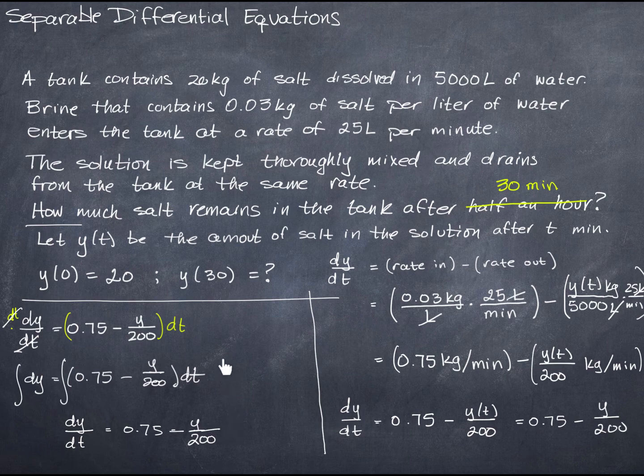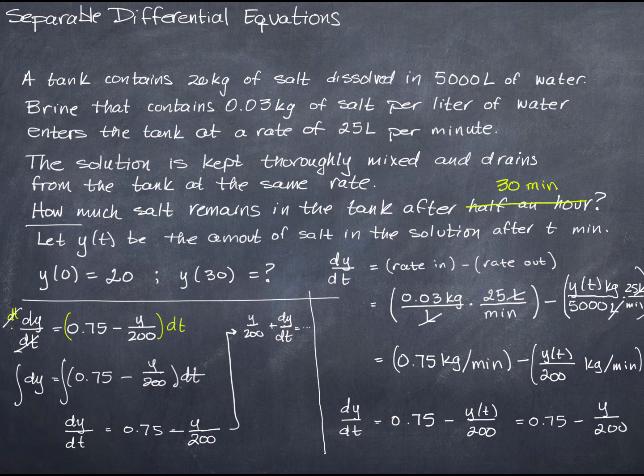But that would give me y over 200 plus dy dt. And that is not going to do me any good at all. I can't integrate that. If I multiply both sides by dt now, I'm stuck. If I multiply both sides by dt before I do anything, I'm stuck.